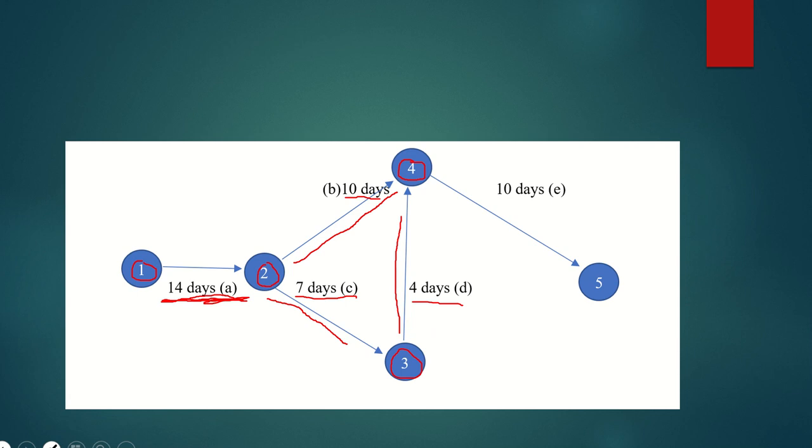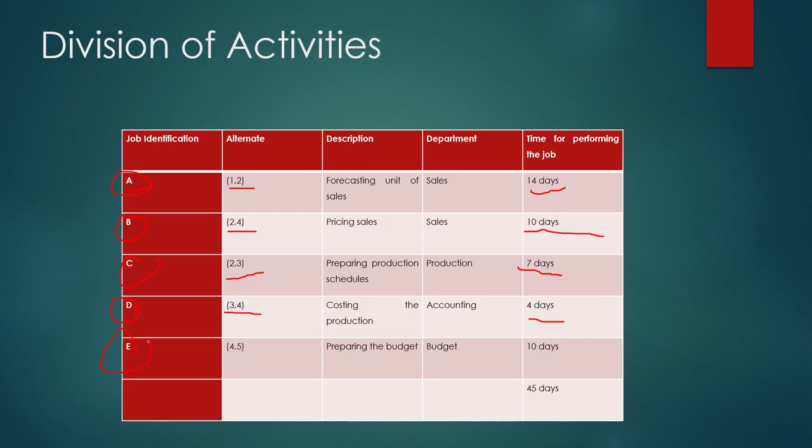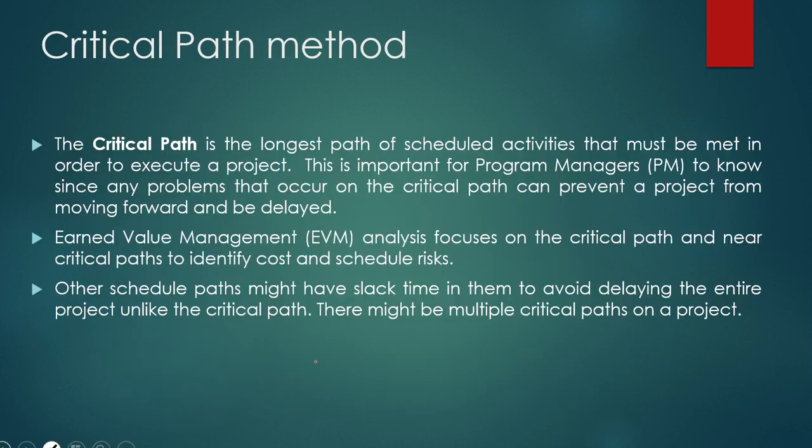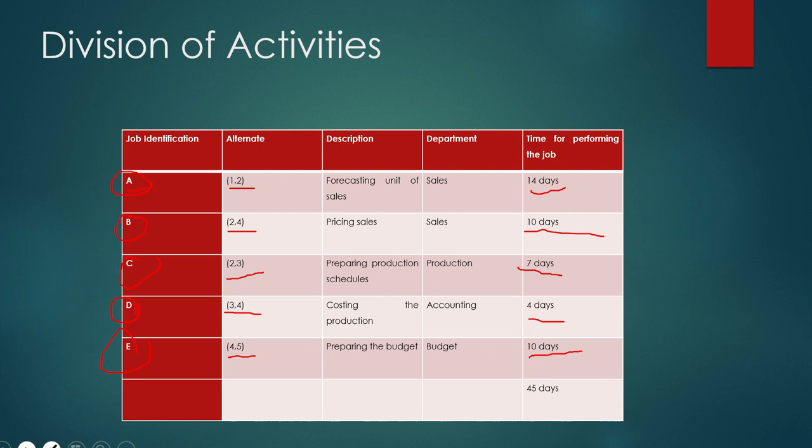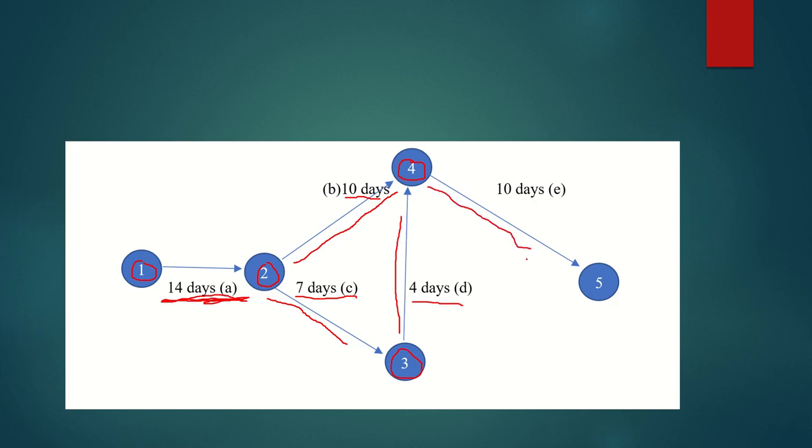Then the last activity is E, and this is called 4 to 5 and it is supposed to take 10 days. So 4 to 5 here like this. So what I have done is make a network of all the activities, and I have also assigned time to all the activities.